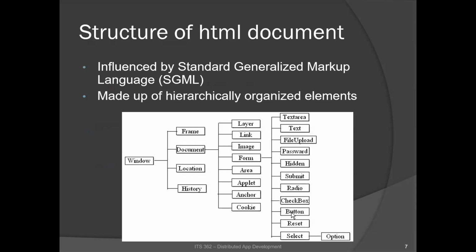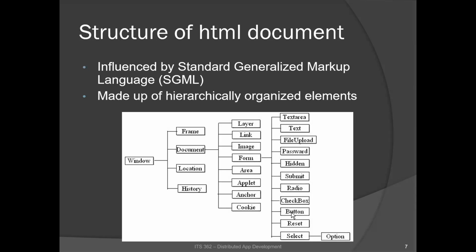Structure of HTML document. This was influenced by other protocols, of course, but basically a website is a hierarchical tree structure. Okay, so whenever we think of that structure, we think of something called DOM, or the document object model.